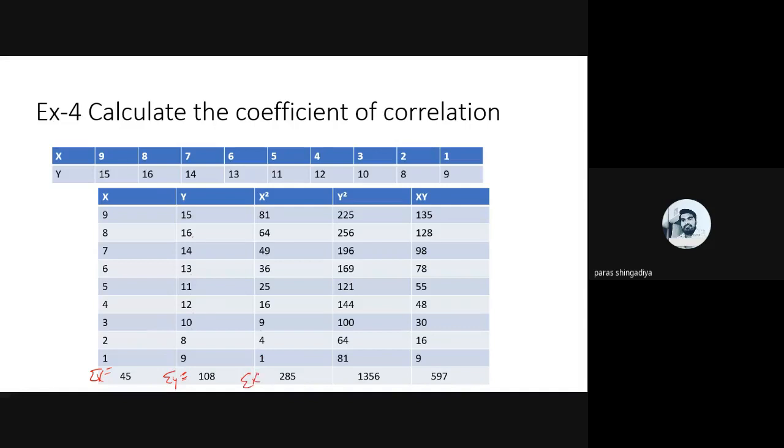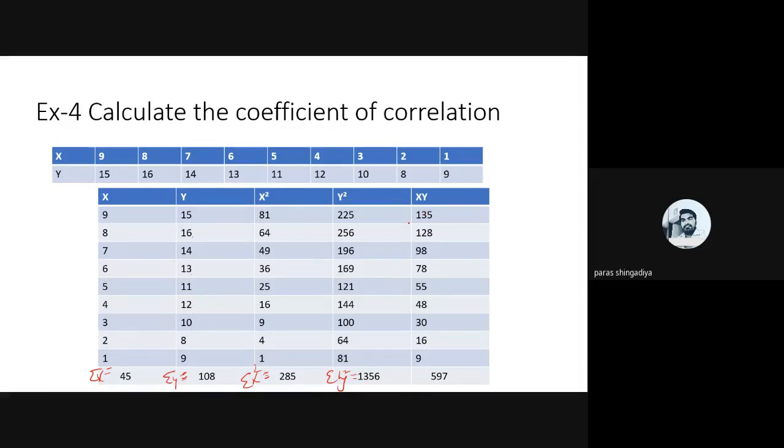Okay, all of you please check this total. Y square: 225, 256, 196, 169, 121, 144, 100, 64, and 81. So that is y square, and the total is 1356.